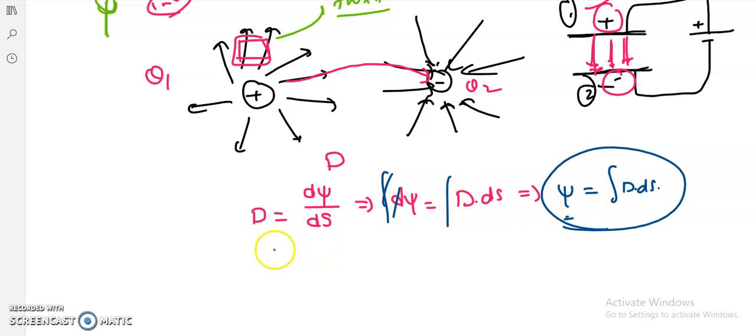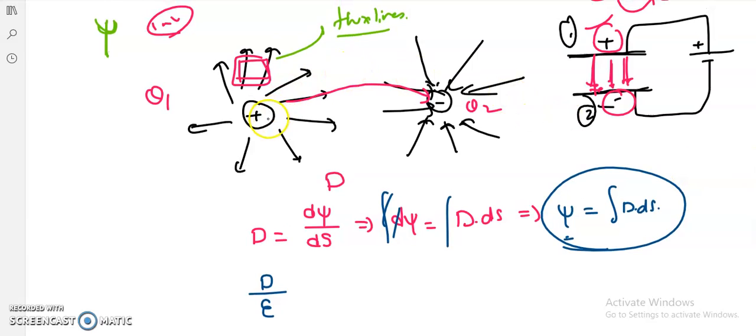Fine. And again, if I take the ratio of the electric flux density and the permittivity of the space, that means if this positive charge is kept in any free space, then epsilon represents the permittivity, epsilon naught represents the permittivity of free space, and epsilon r represents the relative permittivity of any certain medium or material.